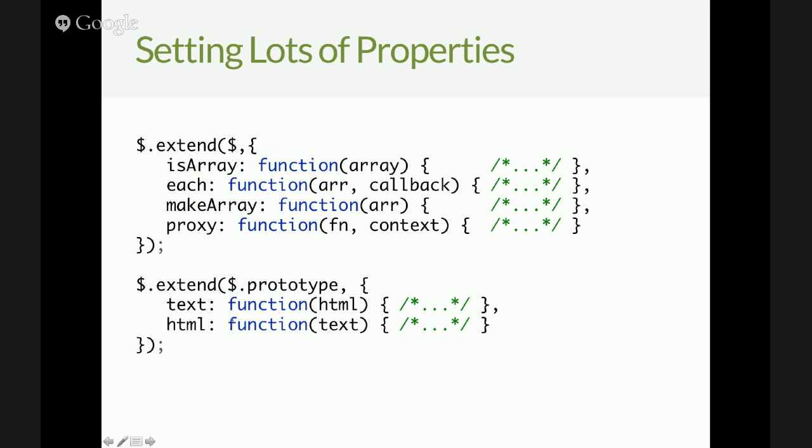I like organizing my code this way because it groups everything that's added to the prototype and everything that's added to $. If you have a code editor with code folding, where it can collapse everything inside this curly brace, this makes it nice to see what's where pretty easily.